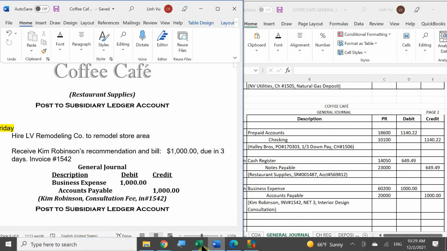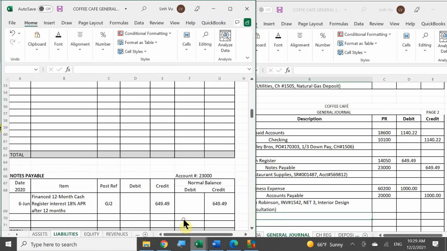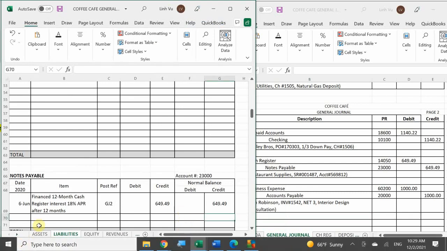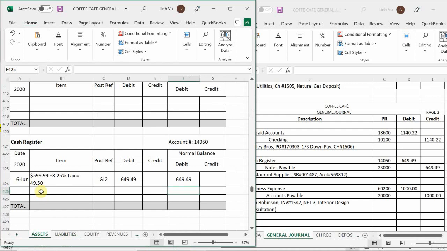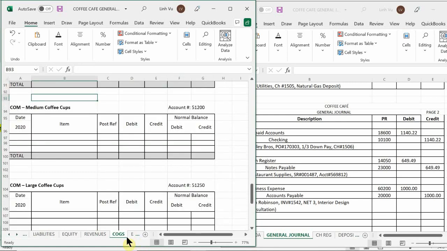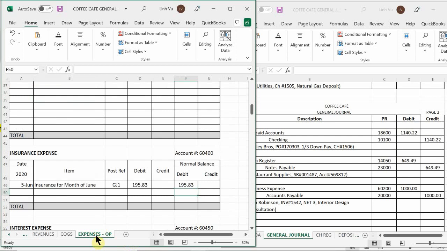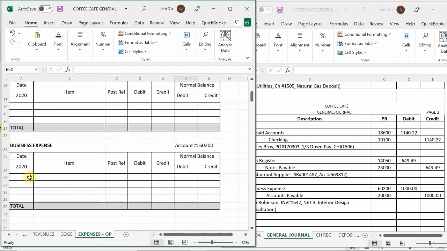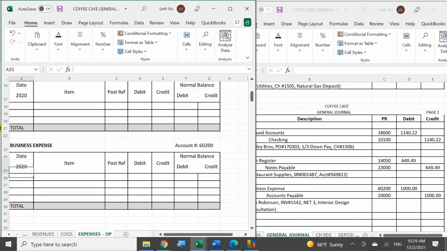We now need to update our ledger because now we have a liability. We owe money. So first thing, it's an expense. We spent money to create a business expense. So here it is, business expense here. Date is 6/7.